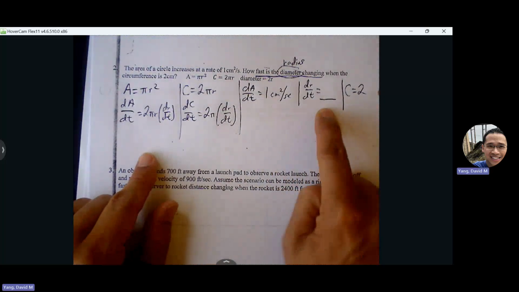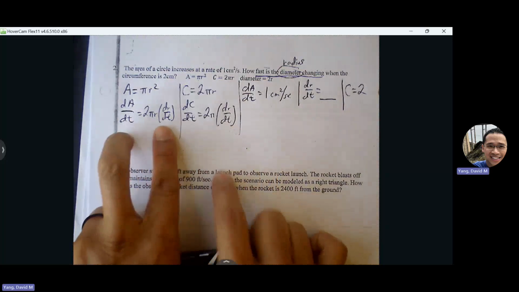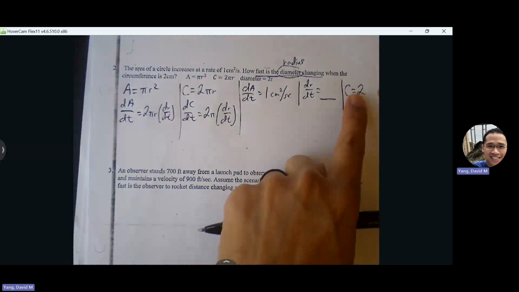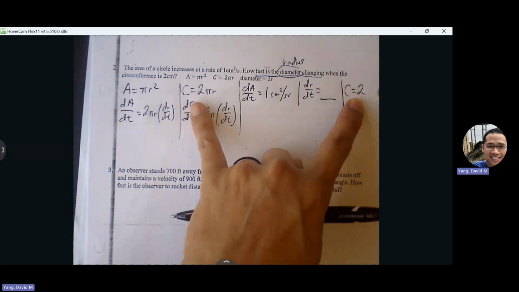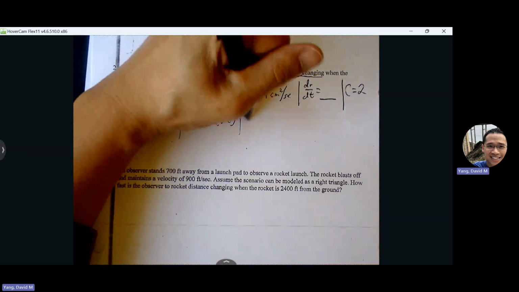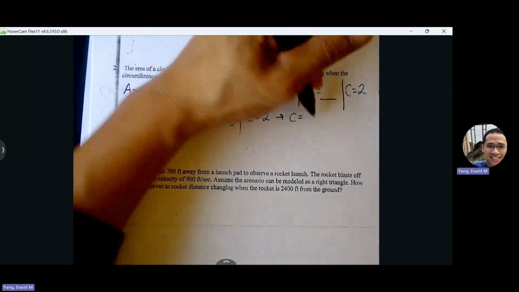If I want to get to dr/dt, and I'm given dA/dt, I'm just working my way down with this equation. Now my circumference is 2, and that's going to be my link towards finding my radius. Since my circumference is 2, and I also know that circumference is 2 pi r, I set them equal to each other.